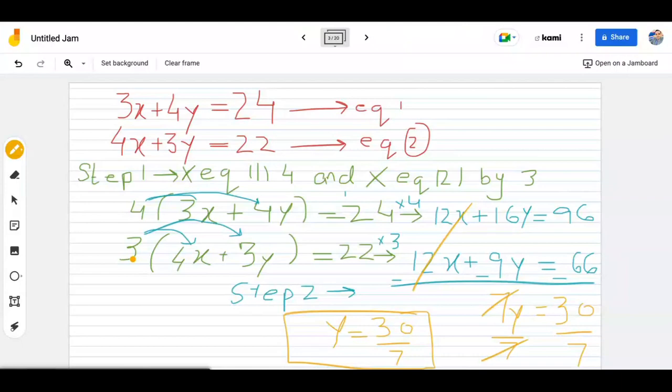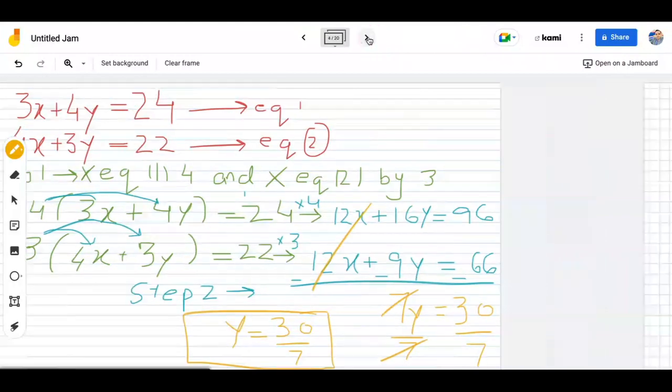The next equation, we multiply by 3: 3 times 4 is 12x, 3 times 3 is 9y, and on the right hand side we also multiply by 3, so 22 times 3 is 66. So y equal to 30 by 7 is our answer for variable y. Let's move to the next slide.